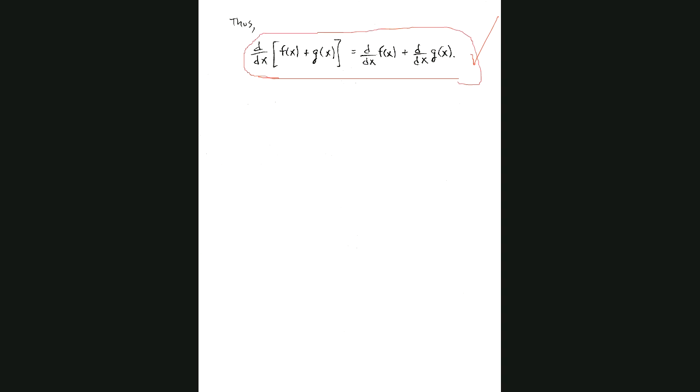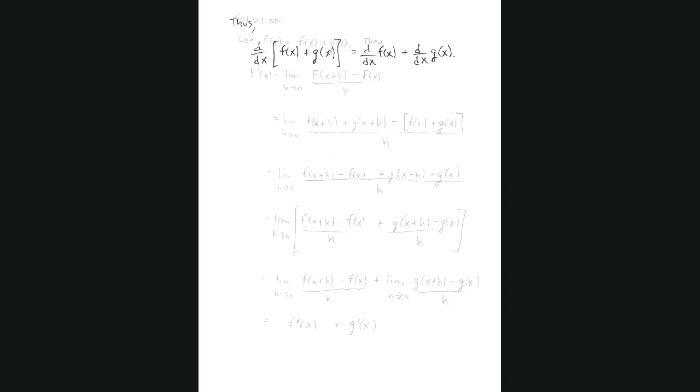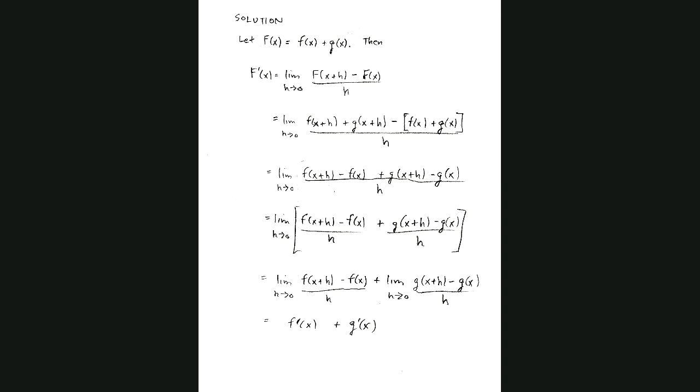Let's see. Nicholas says, do derivatives just follow the limit laws? They have to. That's right, Nicholas. So you notice here, in this step, you had the limit of a sum. Well, the limit of the sum is the sum of the limits, assuming both limits exist.